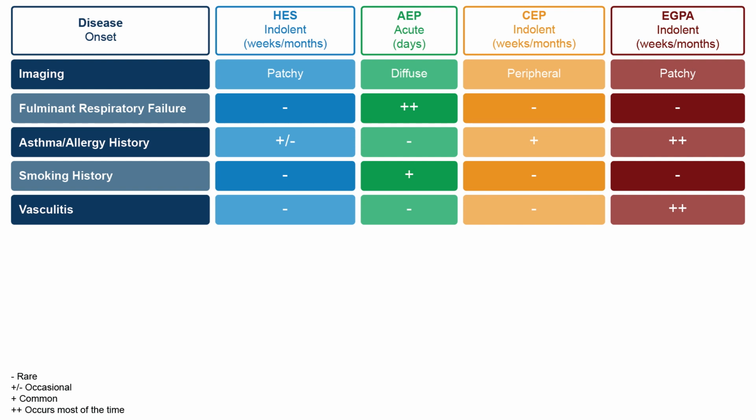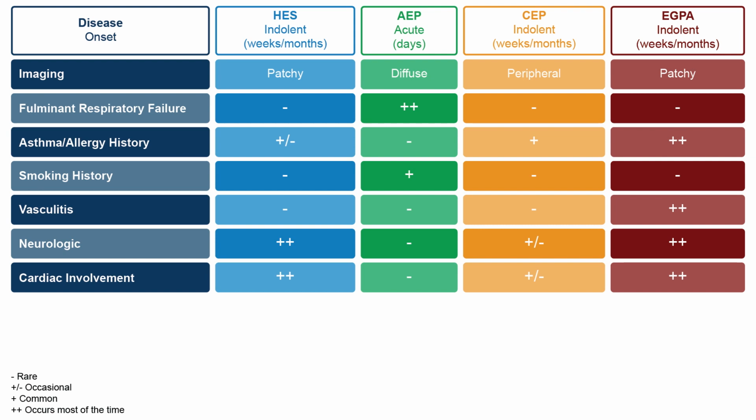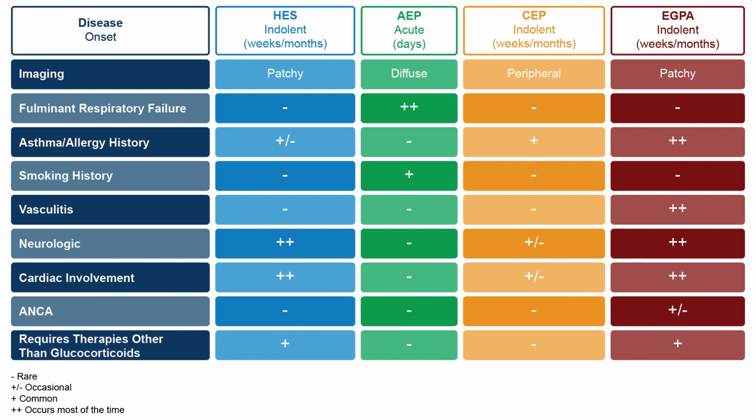However, most patients do present with pulmonary eosinophilia and similar symptoms to HES. Both HES and EGPA can have neurologic involvement as well as cardiac involvement, so those are not really good distinguishing features. So typically, one treats them actually very much the same in terms of the starting therapies with glucocorticoids.